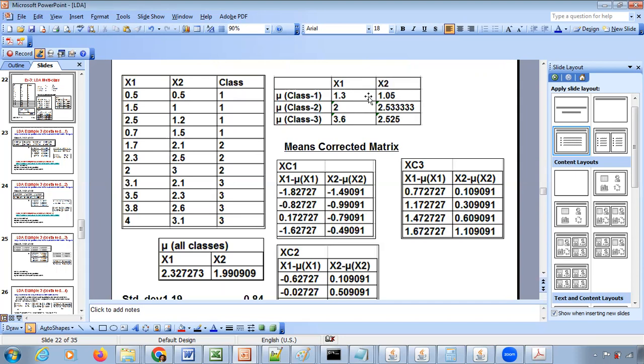And then find the individual means for each class. So the mean of the 4 class 1 records for X1 and the mean of the 4 class 1 records for X2 are going to be 1.3 and 1.05. Similarly, just for these 3 class 2 records, you find the mean for X1 and the mean for X2. Similarly, for these 4 class 3 records, find the mean for X1 and the mean for X2.